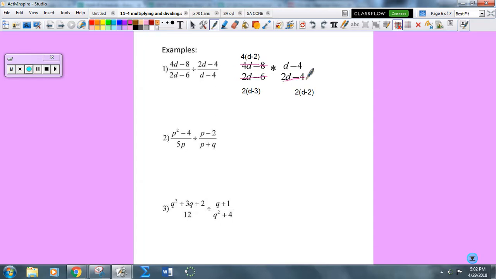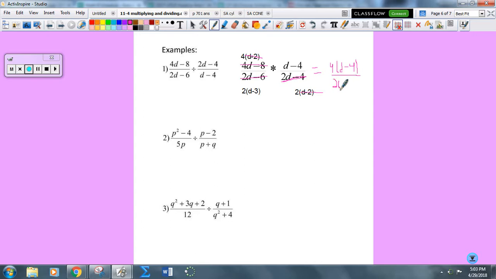So now I look for common factors. So I have a d minus 2 and a d minus 2, and that's it. So my answer is 4 parentheses d minus 4 over 2 parentheses d minus 3. But am I done?